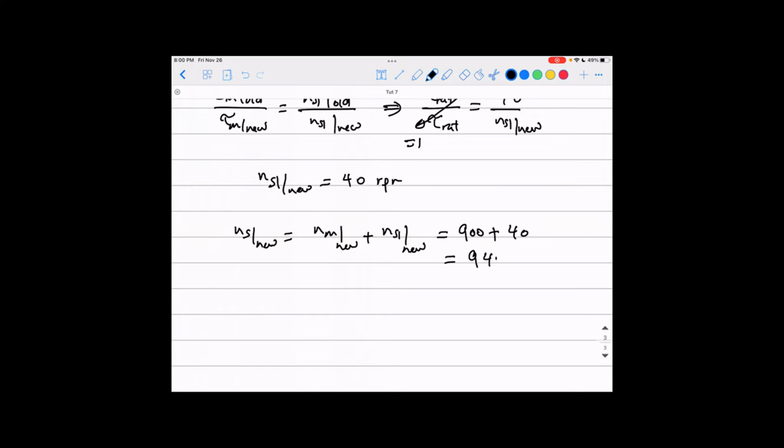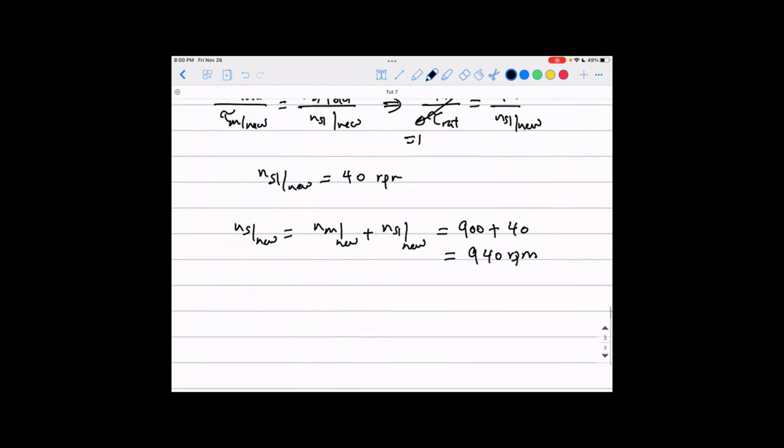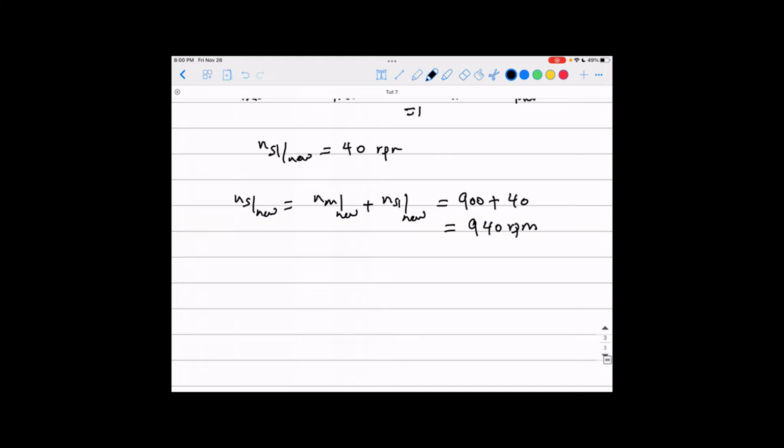So that is 940 RPMs. That is the new synchronous speed, which directly equals 120 F new over P, number of poles, which is 6. From this, you can find the new frequency directly to equal 47 Hertz.